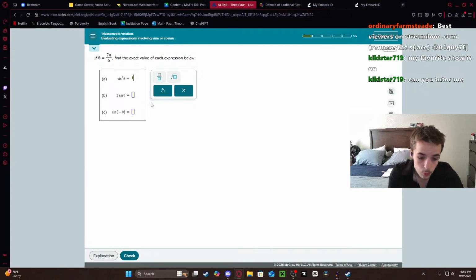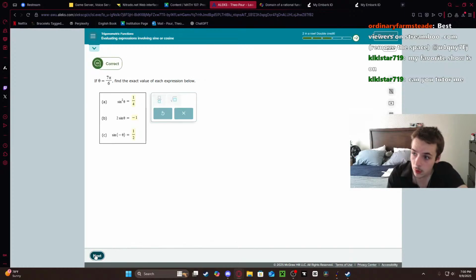Squared, that's 1 divided by 4. 2 sine, double it, that's negative 1. And then the sine of the negative angle puts you at 1/2. Check it. Okay, cool.